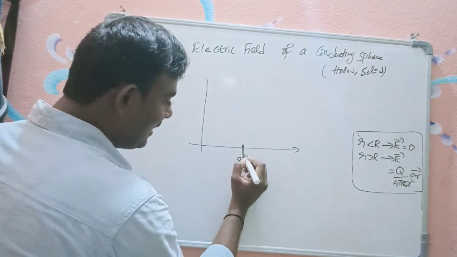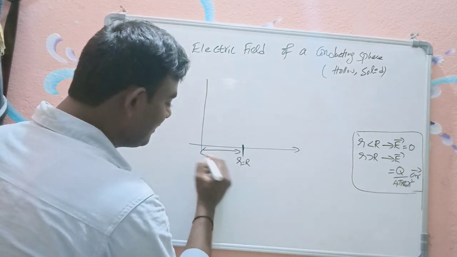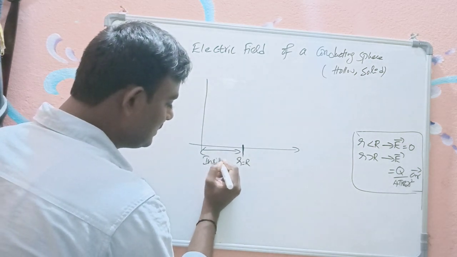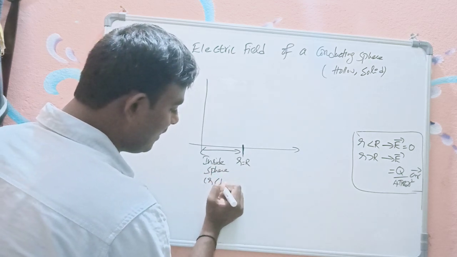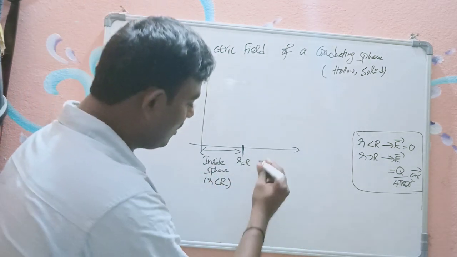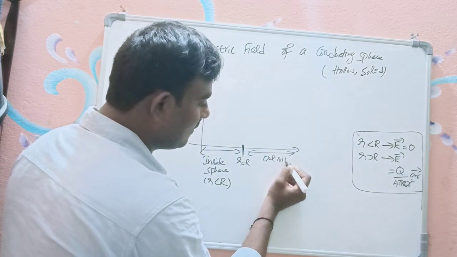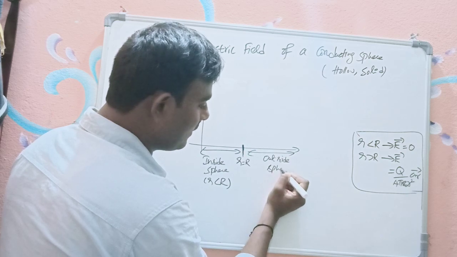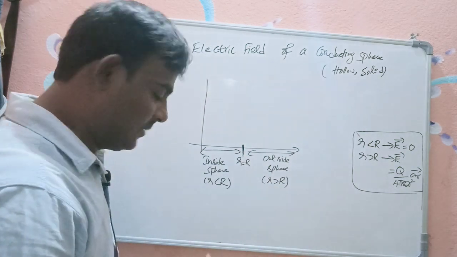So this is the surface of the sphere, and this is the region inside the sphere, because here r is less than R. And this is the region outside the sphere, because this is the region for r greater than capital R.